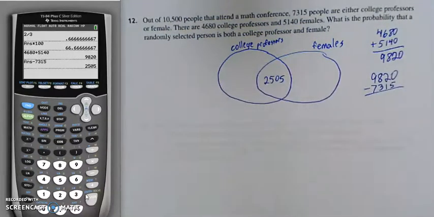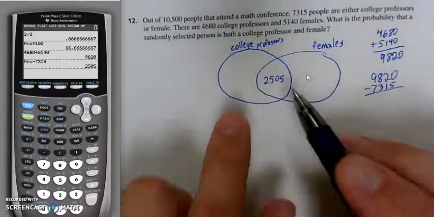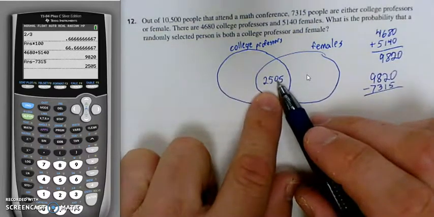Now I'd actually be able to find those college professors that are obviously male and the females that weren't college professors. Really, it's kind of nonsense to go forth and do that. It really doesn't matter. I could just do a simple subtraction to get those.